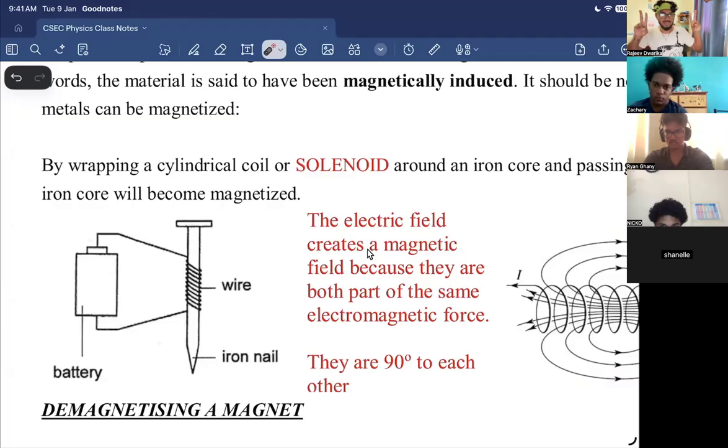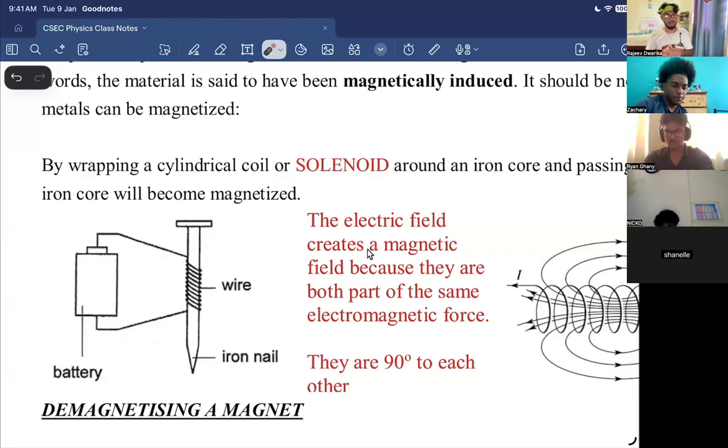I'm going to use the word conduction here, but the actual term is reluctance, but it's fine. This is what you guys will understand. What will conduct the magnetic field more, air or iron?